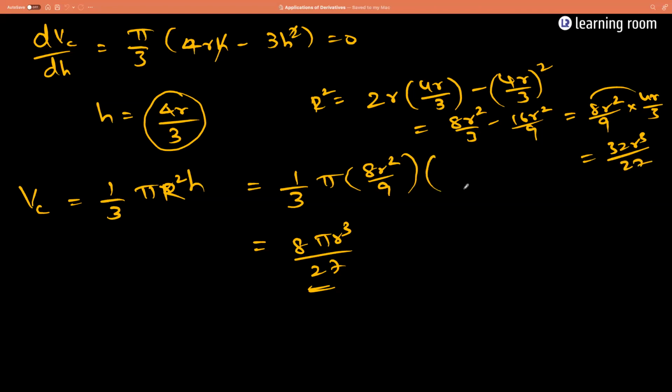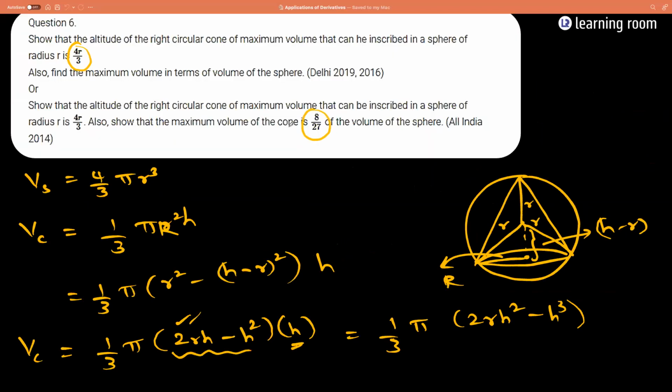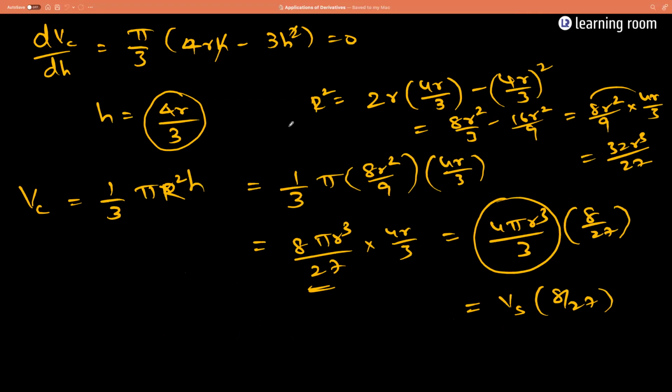Oh, here I should multiply, no? Yes, sir, into 4r divided by 3. So into 4r by 3 means this will be 4 pi r cube by 3 into 8 by 27. Correct? So 4 pi r cube by 3 is going to be the volume of sphere into 8 by 27. Is that what they asked? Yeah, 8 by 27 times the volume of the sphere.